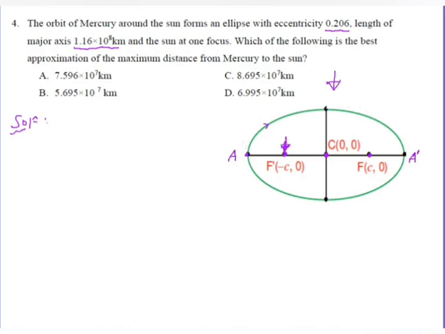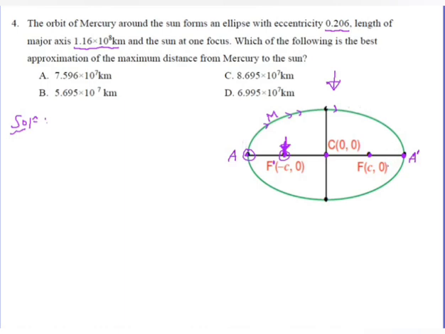Or if we think the Sun is here at F prime, the shortest distance will be from this point to this one, and obviously the longest or the maximum distance from Mercury to the Sun will be attained at this point, at A prime.